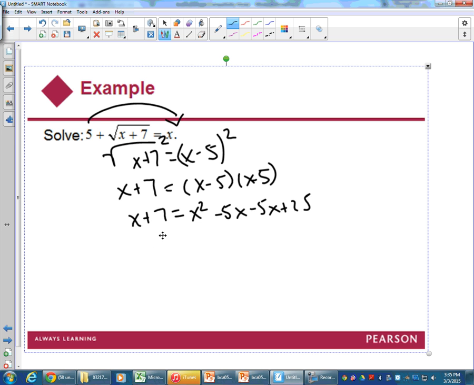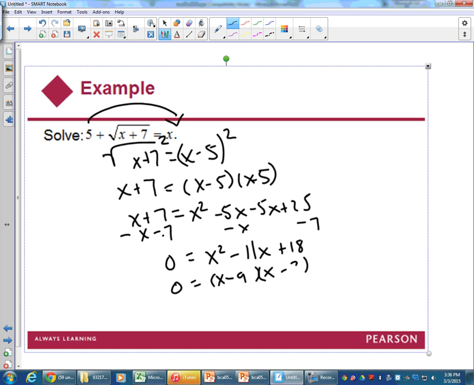I'm going to get everything set equal to 0, so I'm going to subtract x and subtract 7, which gives me 0 equals x squared minus 5x minus x, which is minus 11x, and then 25 minus 7 makes plus 18. So I think this can be factored. X and x, I've got a minus 9 and a minus 2. Those two numbers multiply to give me 18 and add up to negative 11. So x can be either 9 or 2.